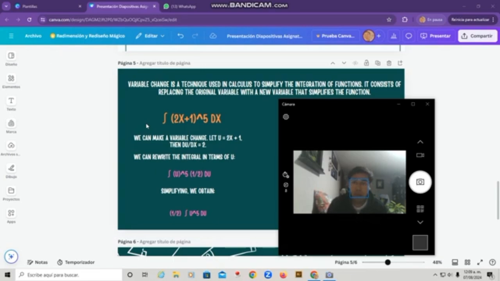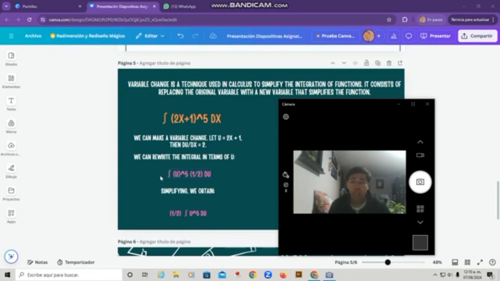Well, to answer this integral, we can make a variable change. Let u be equal to 2x plus 1. So du divided by dx is equal to 2. Well, we can rewrite the integral in terms of u.